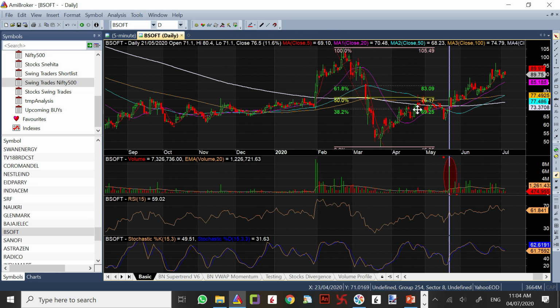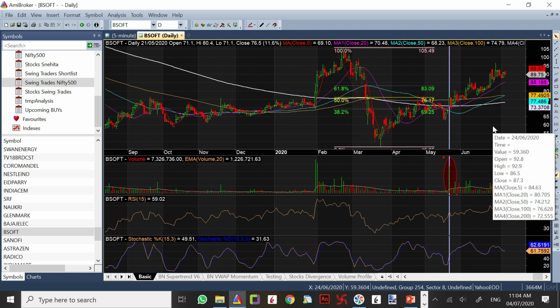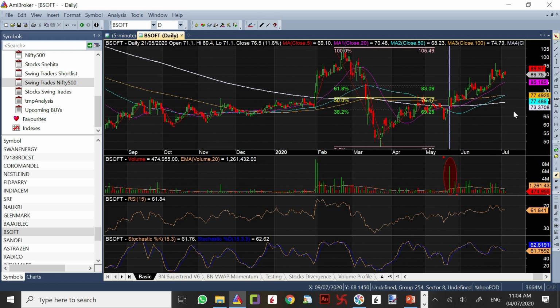If you observe any consolidation pattern around this line and then a breakout, that's even better. It will give you more confidence. But if you just see volumes like this, 2-3 times the average volume, crossing the 200 DMA in a stock which exhibits historical behavior of respecting the 200 DMA, I mean, it's very important.